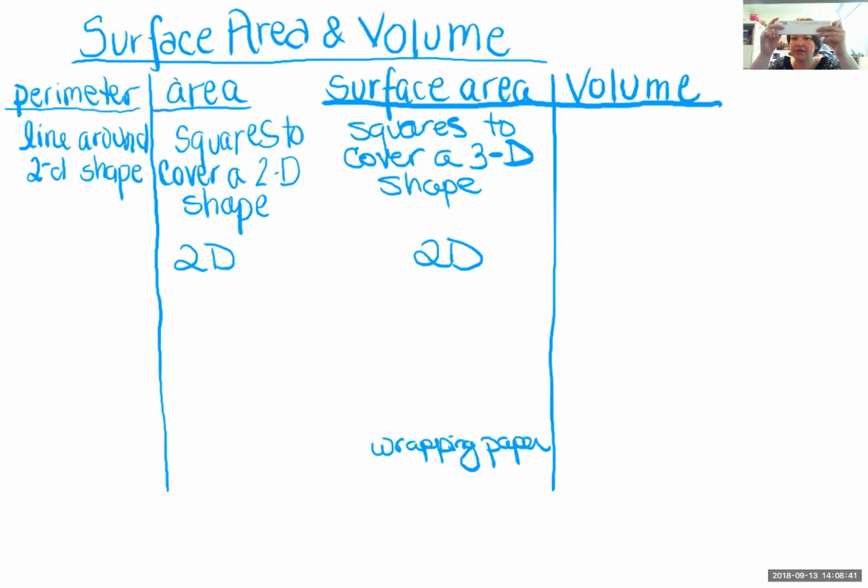So that in and of itself is a two-dimensional measurement. So area, surface area, whatever, the measurement itself is two-dimensional. And we said that in perimeter, it was a one-dimensional measurement. So similarly, I was going around a 2D shape, but the measurement itself was just a line.